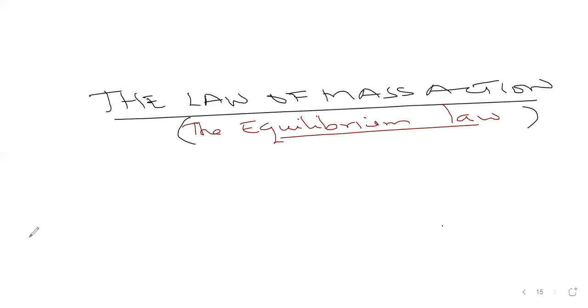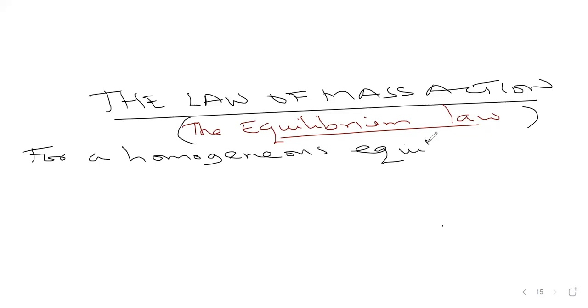And since I've already defined what we call a heterogeneous equilibrium and a homogeneous equilibrium, for this law we are going to consider a homogeneous equilibrium, in which both reactants and products are in the same phase.